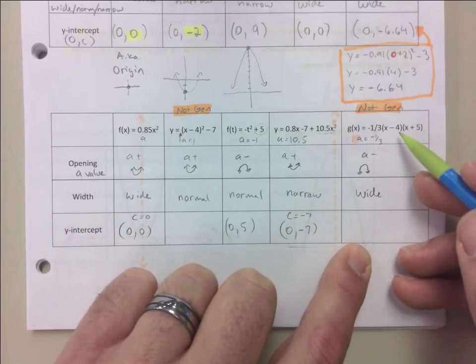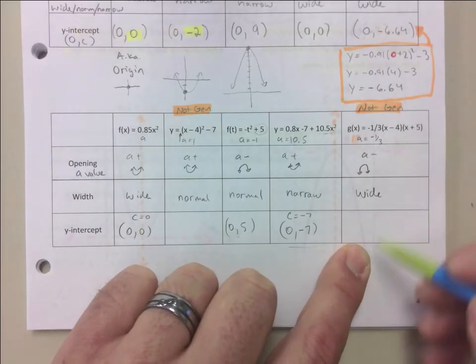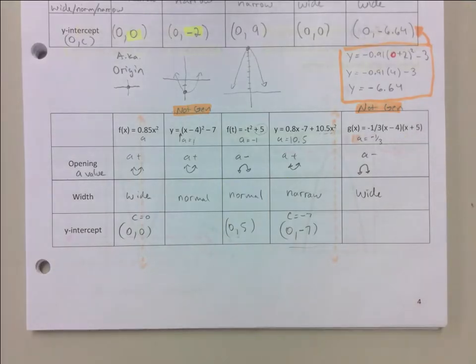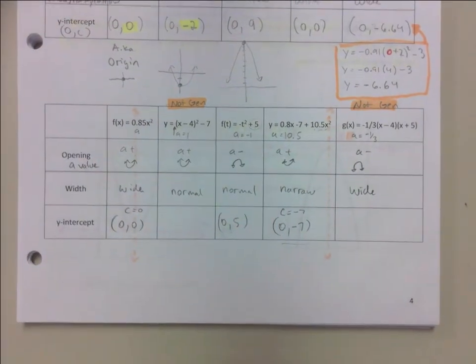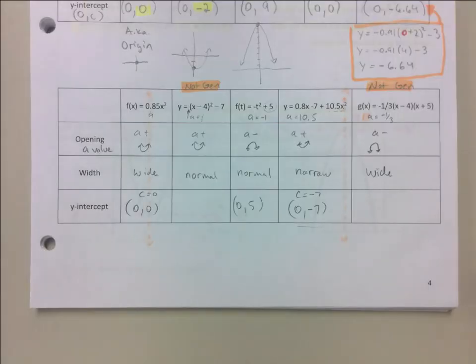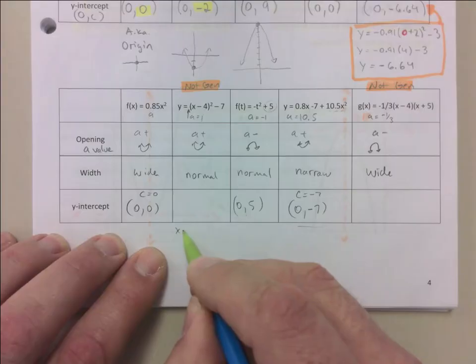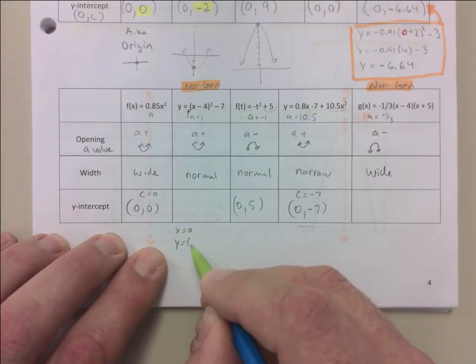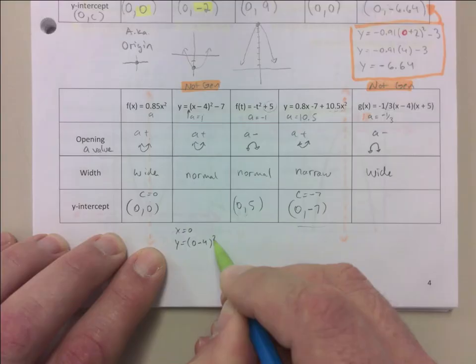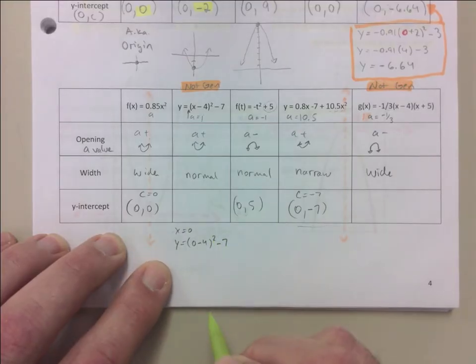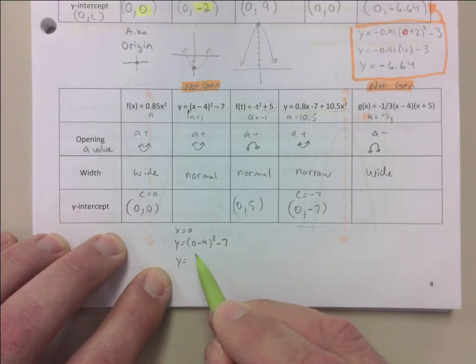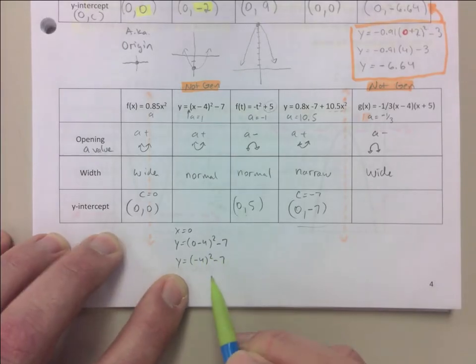And this one, it's not general, so I can't just figure it out like that. I need to do a little bit of work. So here's the algebra, but soon you won't have to use algebra for that. In this one, you just let x equal to 0, and so y is equal to 0 minus 4 squared minus 7. Watch this. Make sure you don't get the signs wrong.